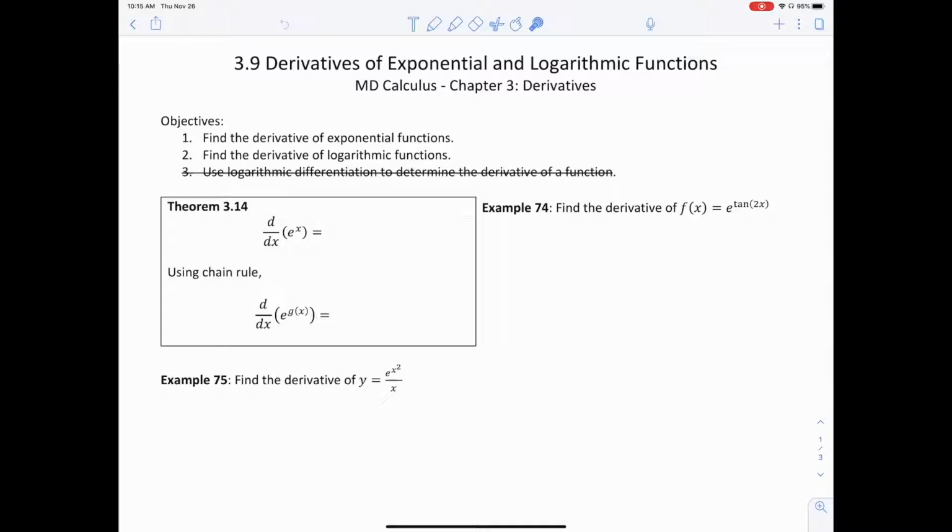So without going into the proof or too much detail about why this is, the derivative of e to the x, so e being that irrational number, 2.718, etc. The derivative of e to the x is actually still e to the x.